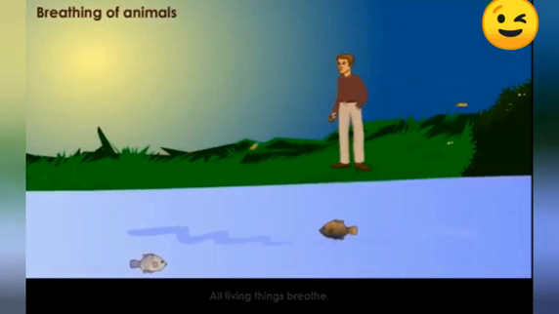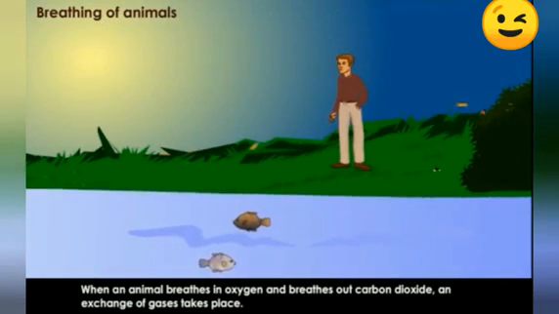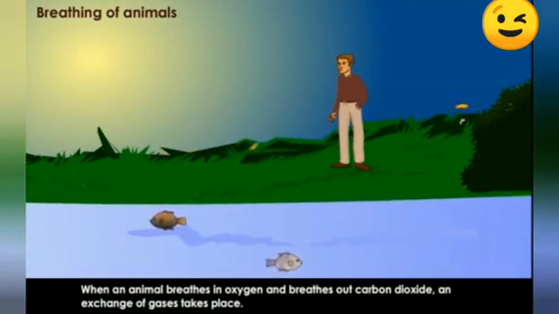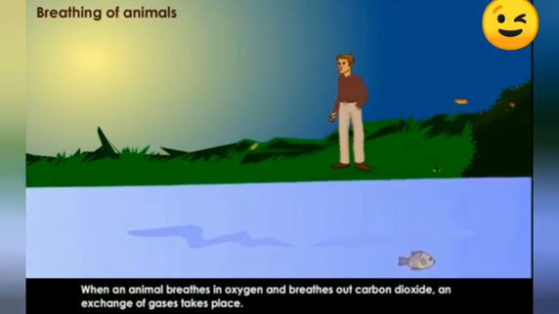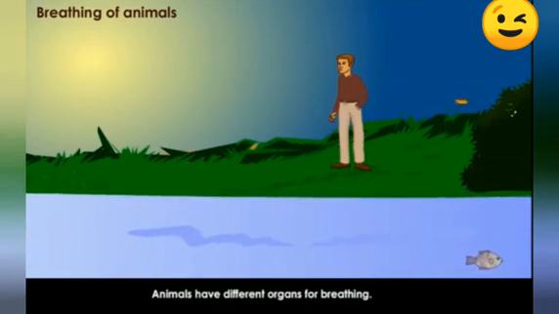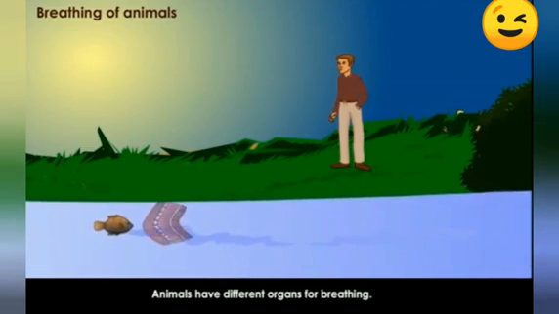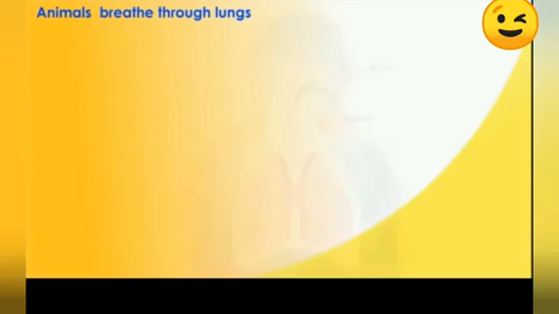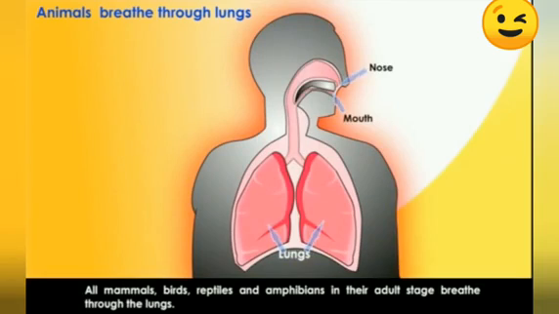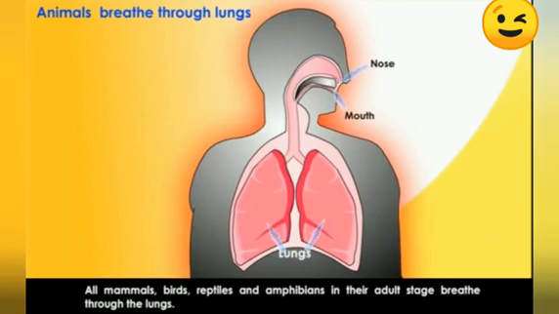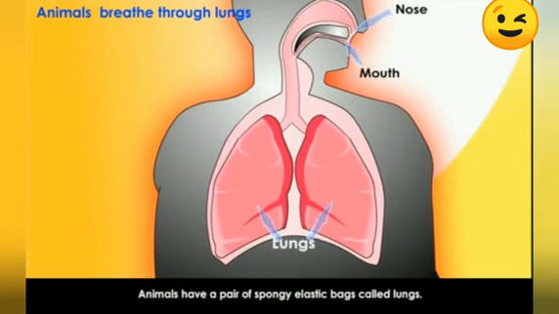When an animal breathes in oxygen and breathes out carbon dioxide, an exchange of gases takes place. Animals have different organs for breathing. Animals breathe through lungs. All mammals, birds, reptiles, and amphibians in their adult stage breathe through the lungs. Animals have a pair of spongy elastic bags called lungs.